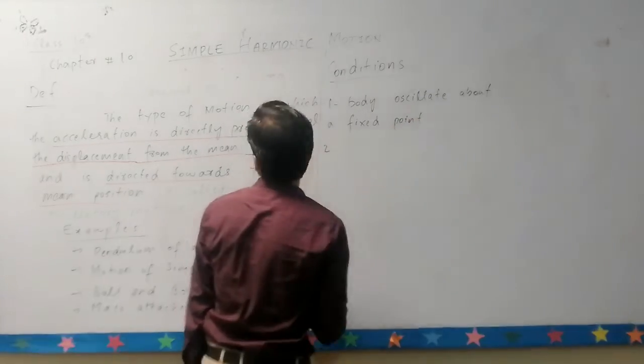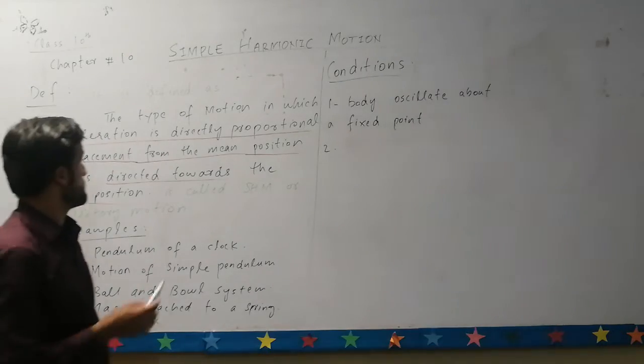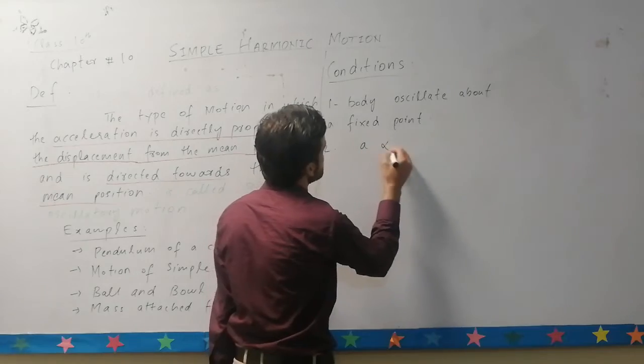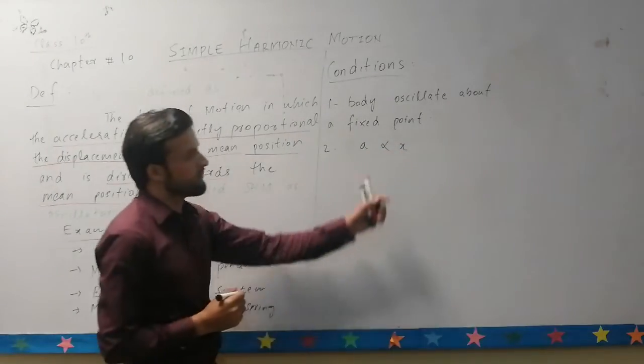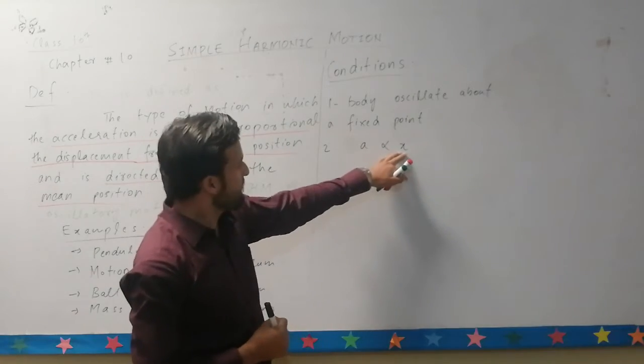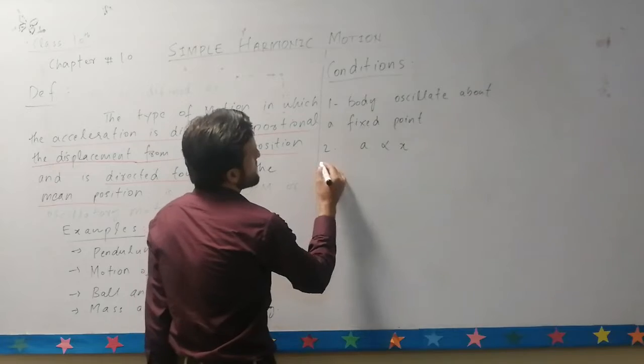The second condition, from the definition, says that acceleration is directly proportional to the displacement from the mean position, where x is the displacement of the body executing simple harmonic motion from the mean position.